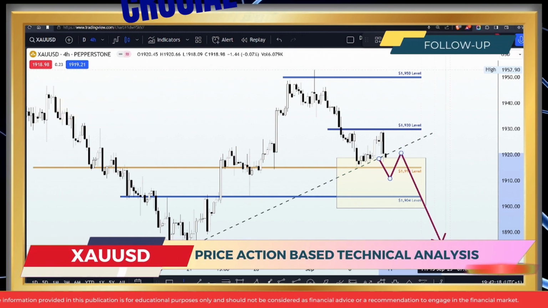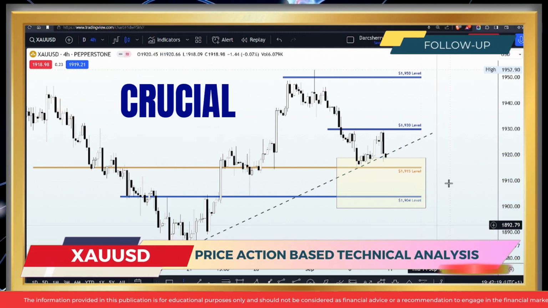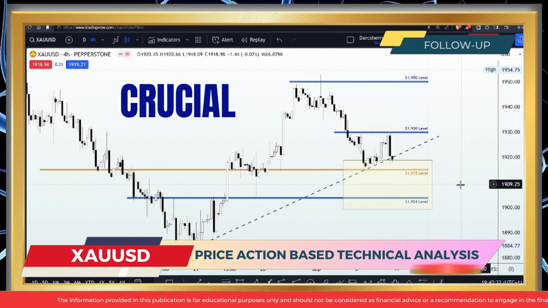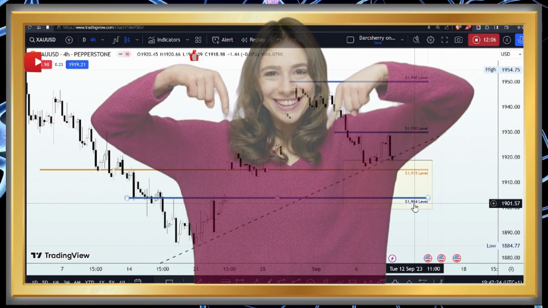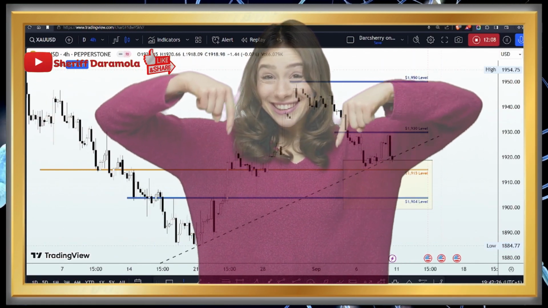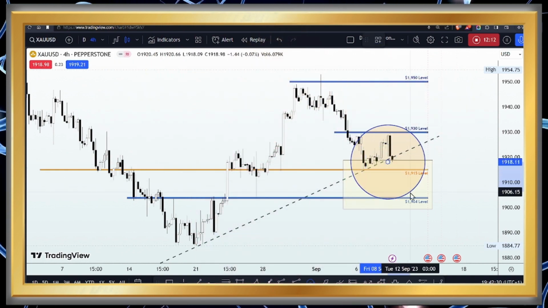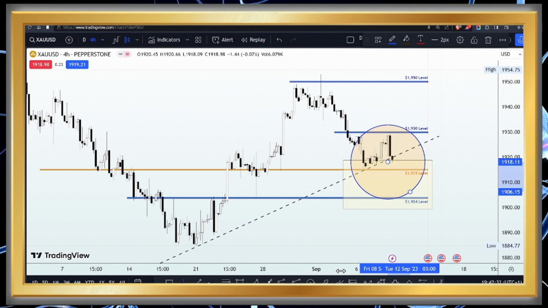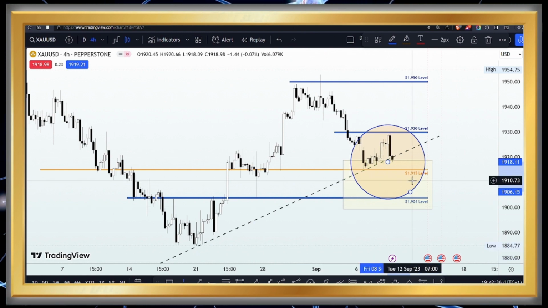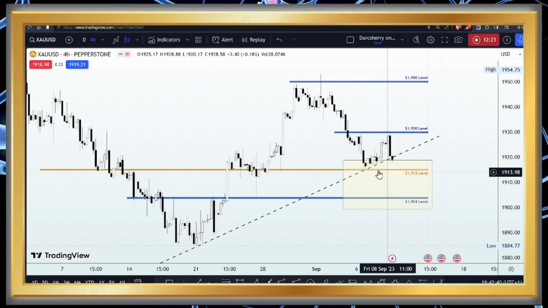So you can see how crucial this juncture is, but trust me, I will be with you in the comment section during the early hours of the week after monitoring how participants in this market will be reacting to this crucial juncture in this market to give you an insight into what I think is likely going to be happening, at least for the first half of the new week.